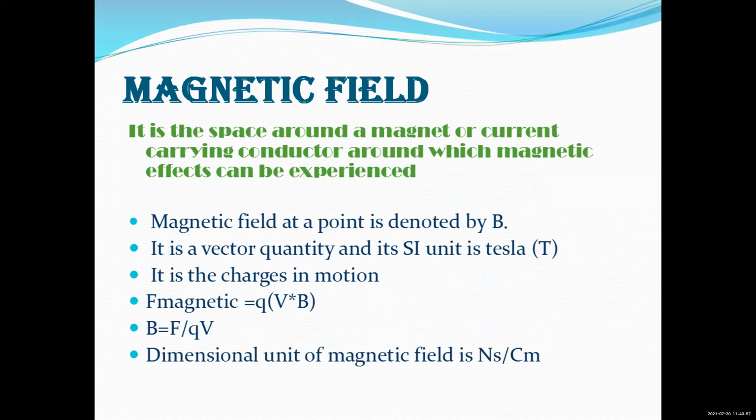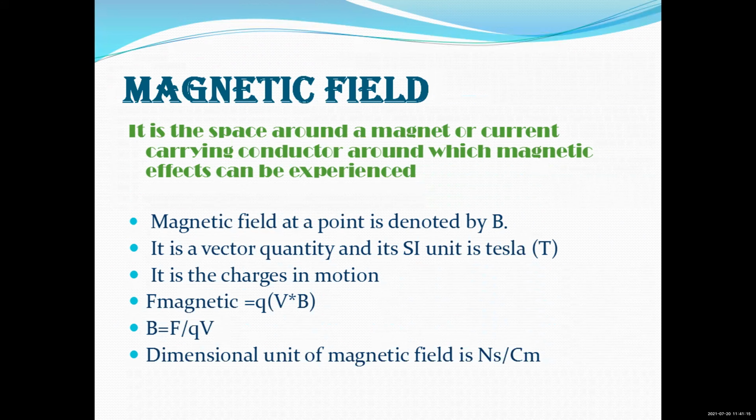Next one is magnetic field. It is the space around a magnet or current carrying conductor in which magnetic effects can be experienced. Magnetic field at a point is denoted by B. It is a vector quantity and its SI unit is Tesla.